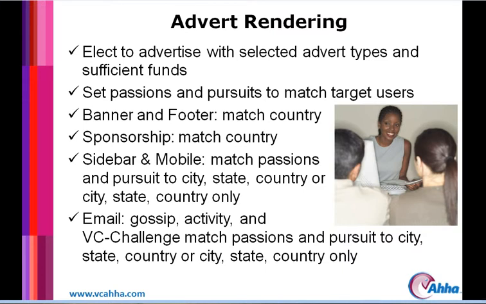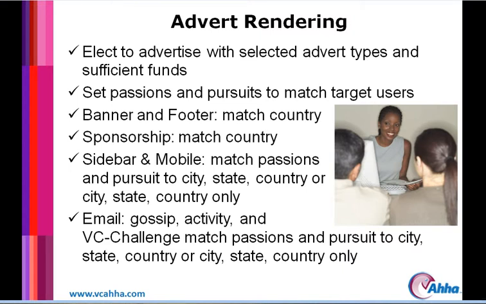So they match based on the country in which the business resides and the country in which the users of the platform reside, and there is a match, and adverts are rendered accordingly. For the sponsorship ad, yes, you remember those were the little three ones towards the bottom of the page on the website. Again, they're matched on the country only.